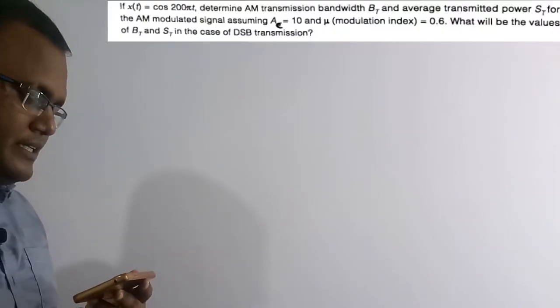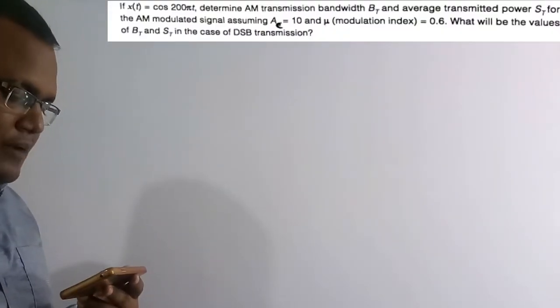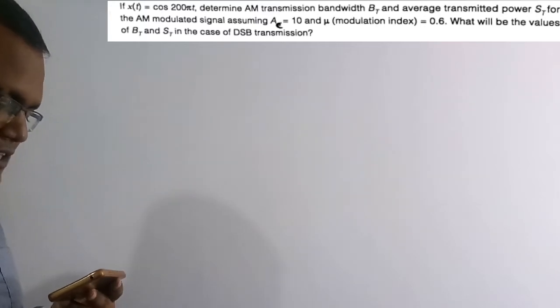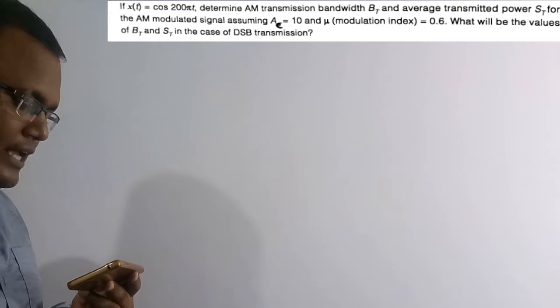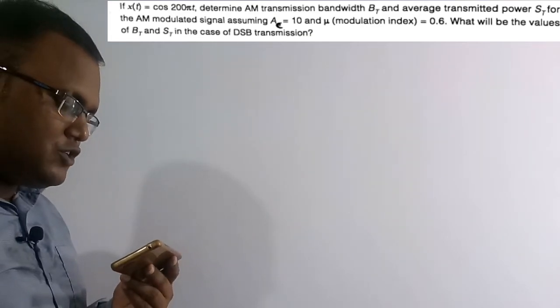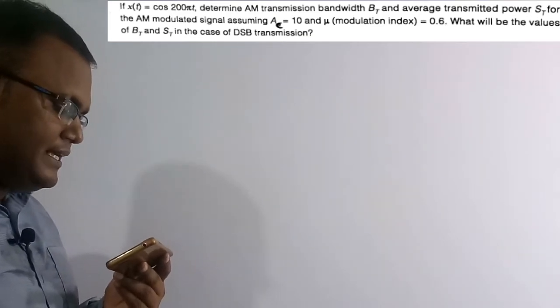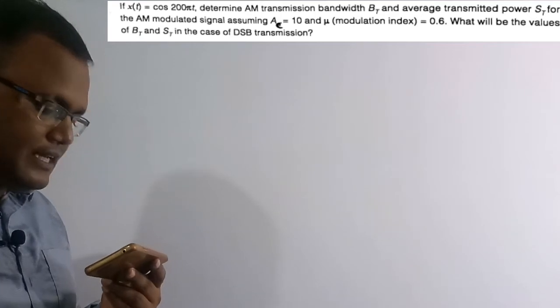So now we are going to solve the last question of this lecture. See the question here. If x of t is equal to cos 200 pi t, determine the AM transmission bandwidth and average transmitted power for the AM modulated signal where Ac is equal to 10 volt and modulation index is 0.6. So what will be the values of BT and ST in the case of DSB transmission?